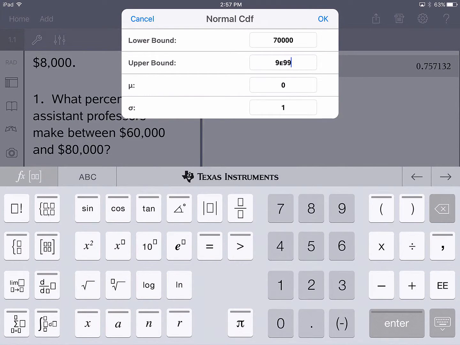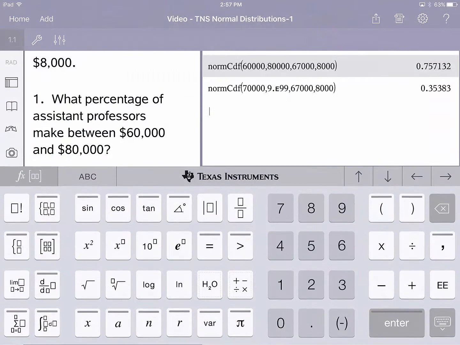My mean and standard deviation have not changed. The mean is 67,000 and the standard deviation is 8,000. So above 70,000 is 35%. So 35% of assistant professors, 35.4%, make above $70,000 a year.